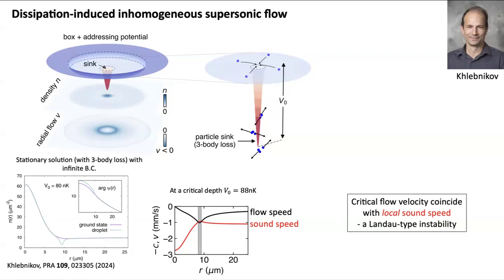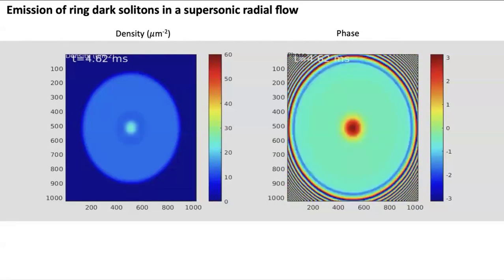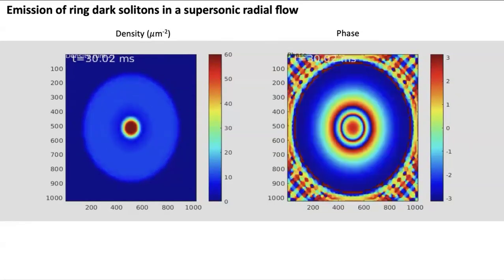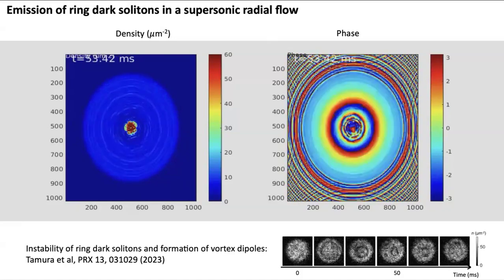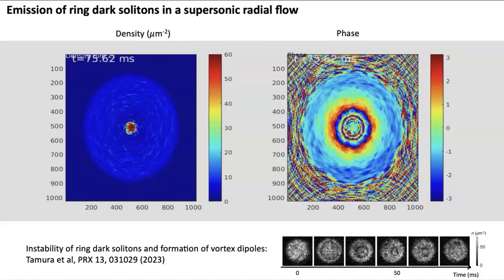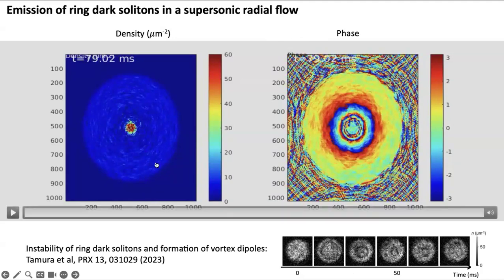Because the stable solution disappears, we again resort to numerical simulation. This is a GP simulation. We turn on an attractive potential in the middle. And at some point, when this potential gets deep enough, you start to see this ring structure being generated and emitted toward the center. Of course, at later times, some other things appear, and this entire thing becomes a kind of turbulence.